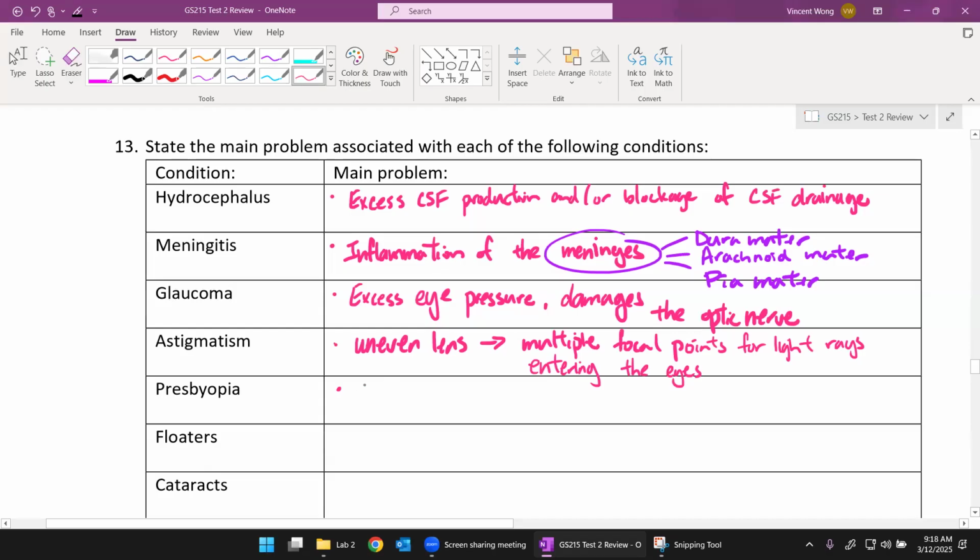Presbyopia is failure of the eyes to perform visual accommodation.